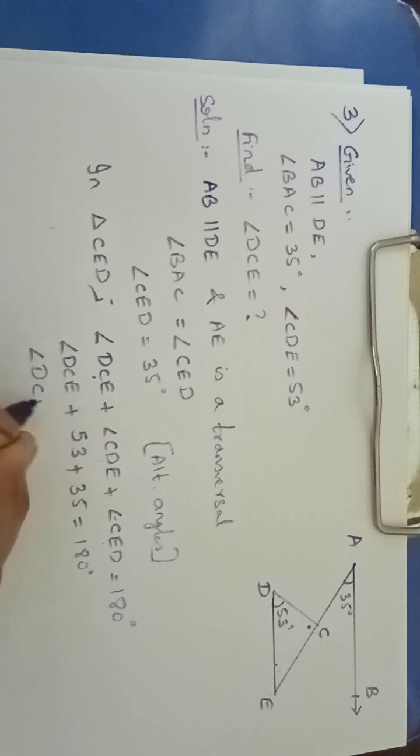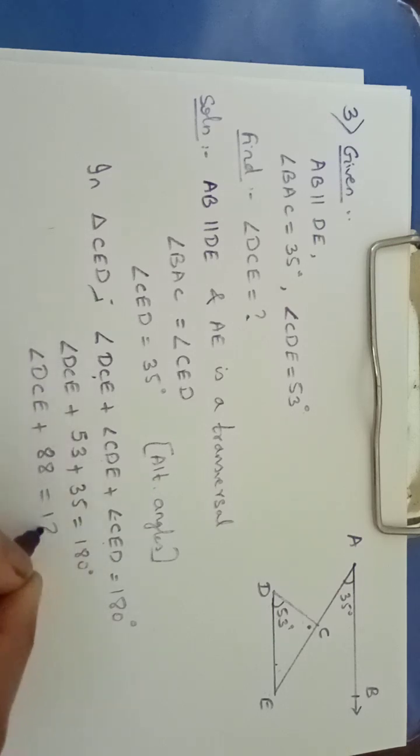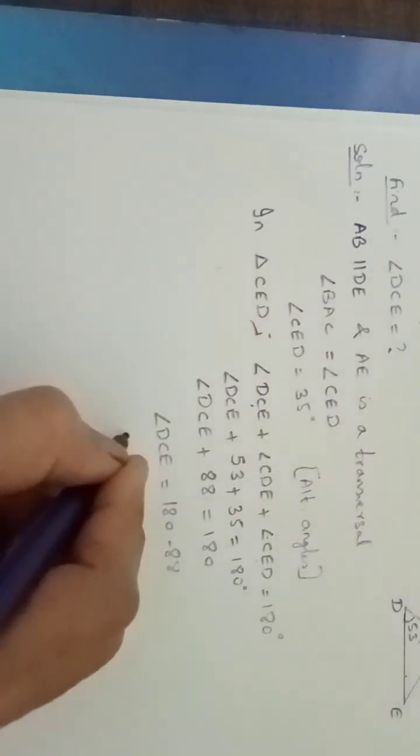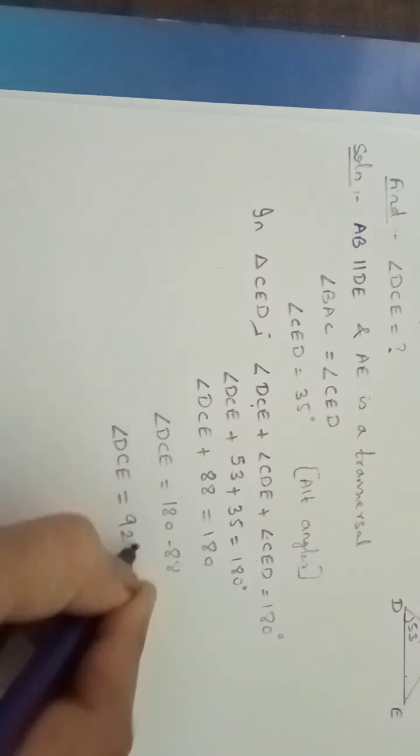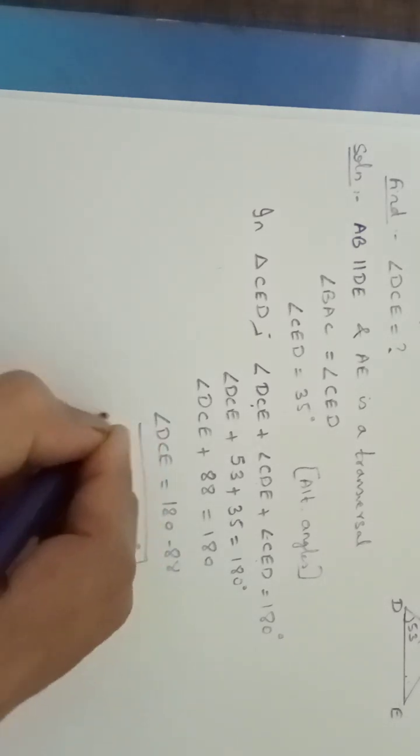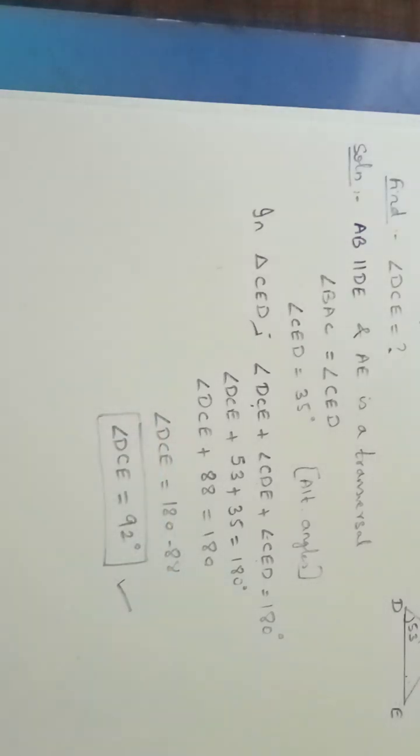So angle DCE plus 88 equals 180. So angle DCE equals 180 minus 88, and it comes to angle DCE is equal to 90 degrees. This is the required solution.